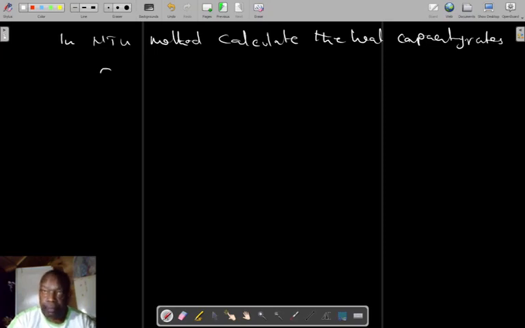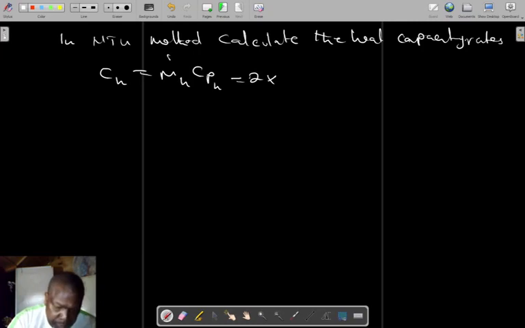CH is the mass flow rate of the hot times the Cp of the hot stream, which is 2 times 4.31, which is 8.62 kilowatt per Kelvin.